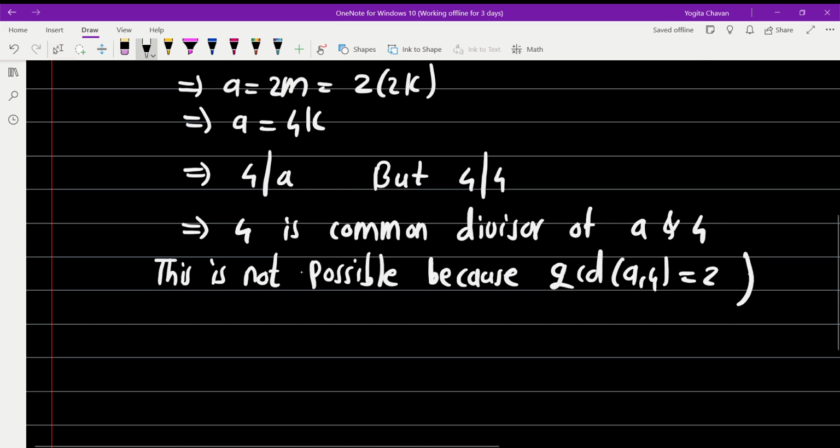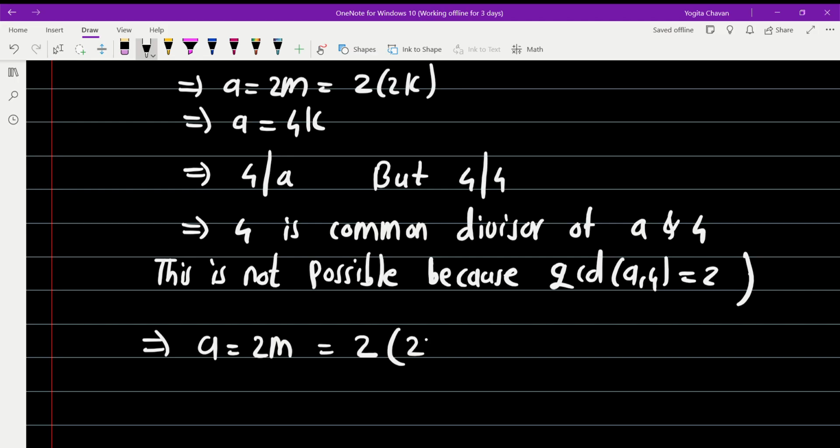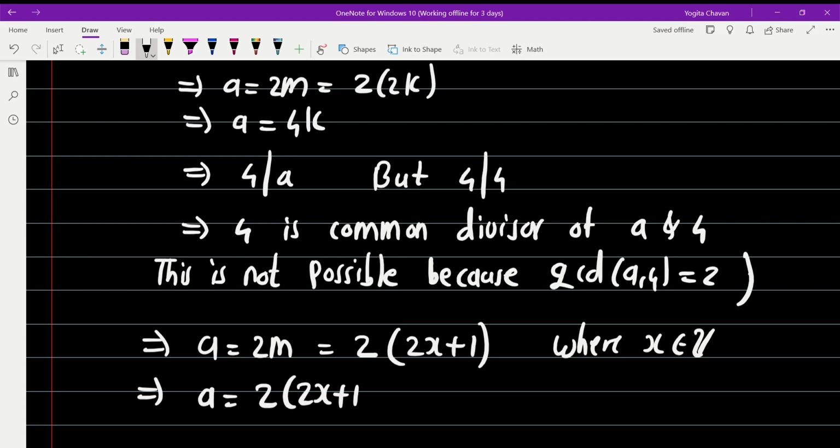This implies that our A is equal to 2 into m can be written as 2 into, now m is odd, so an odd number has the form 2x plus 1, where x is some integer. This implies A is equal to 2 into 2x plus 1.